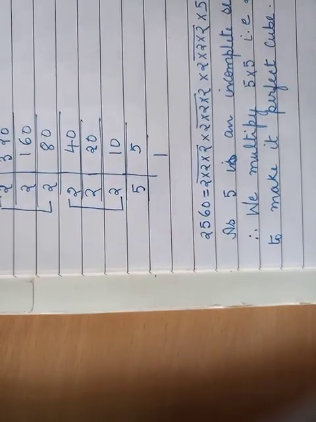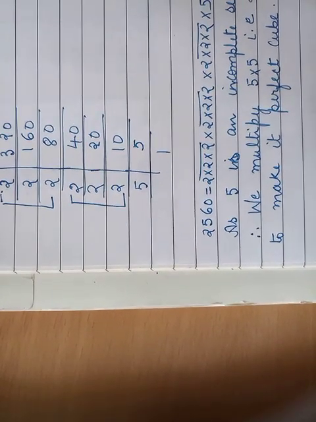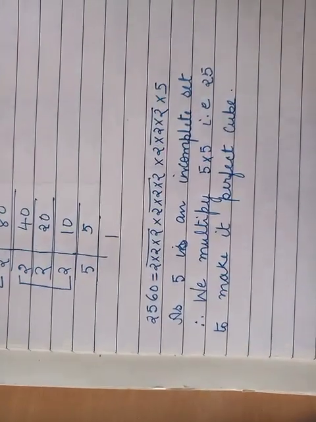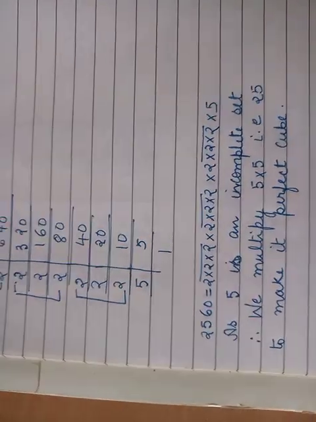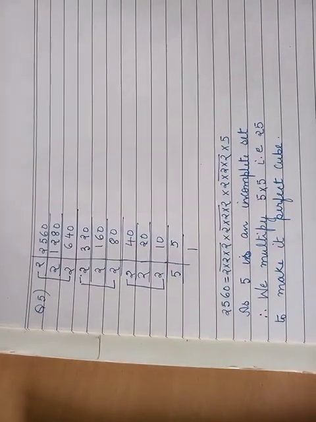So we were just looking for the number multiplied to it. So what number to be multiplied? That is 25. Okay children, hope you have understood.